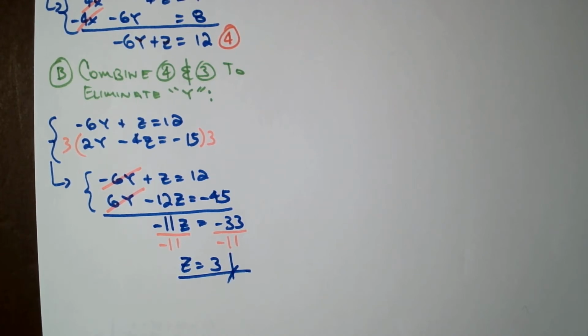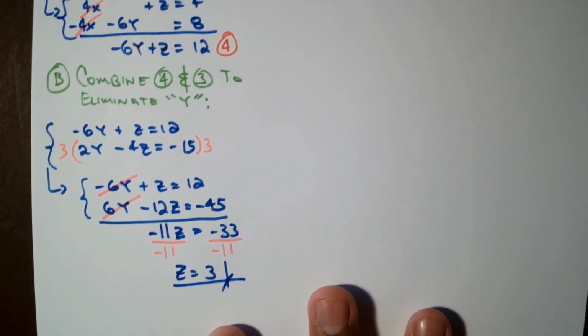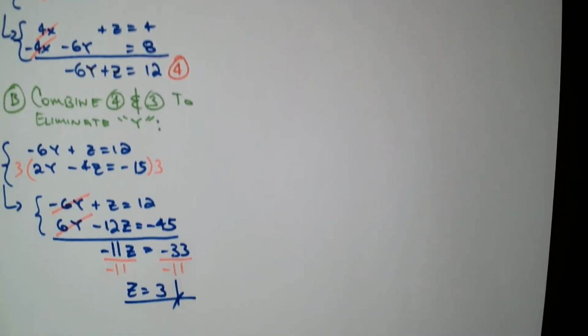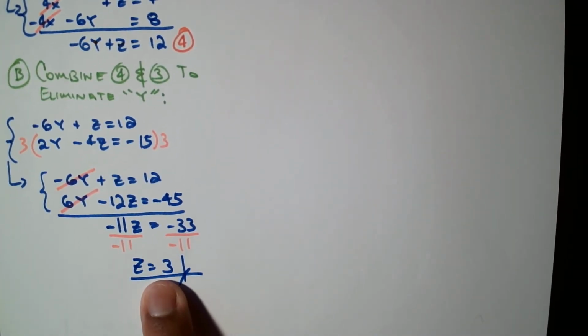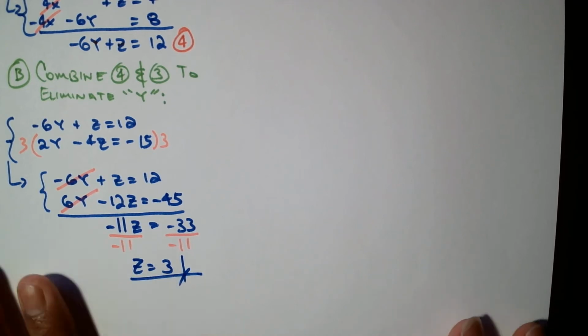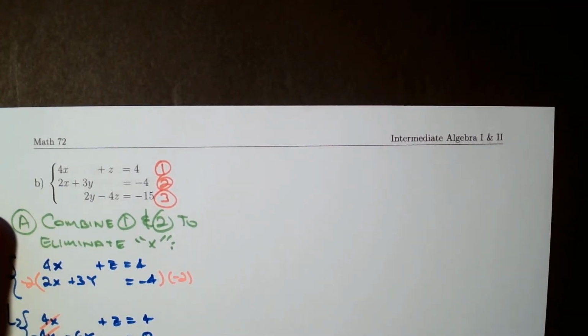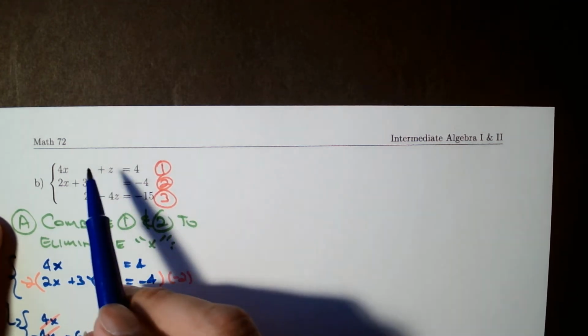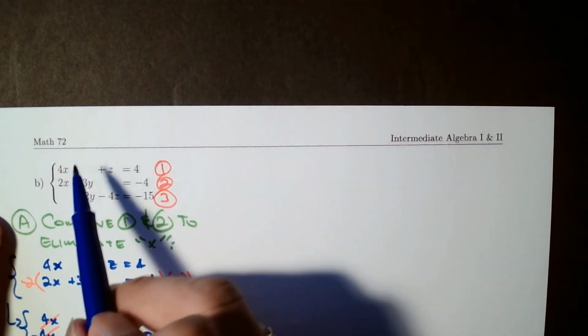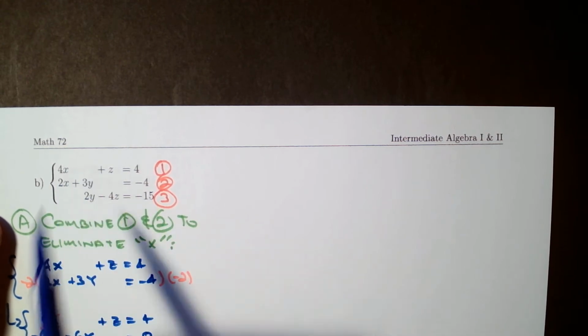All right, now from here we have two choices. We can use this value of z that we just obtained in equation 4 to find the value of y, for example, and we can then plug it into equation 1 to get the value of x.